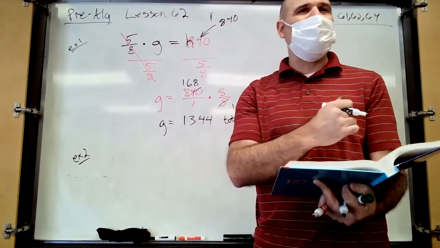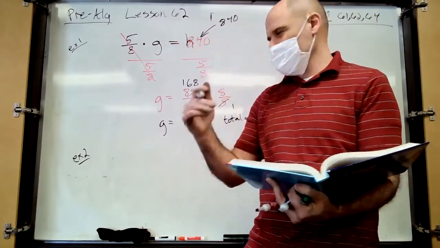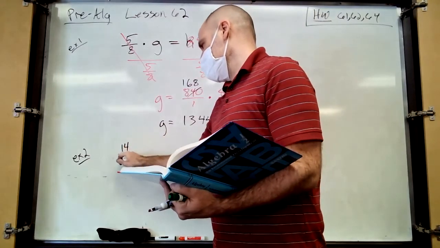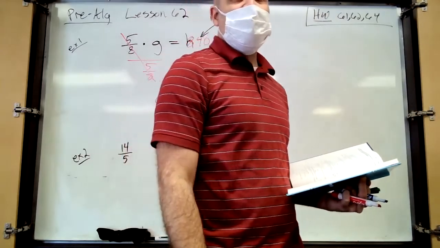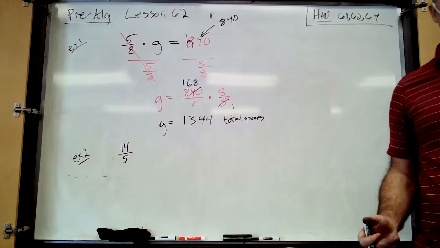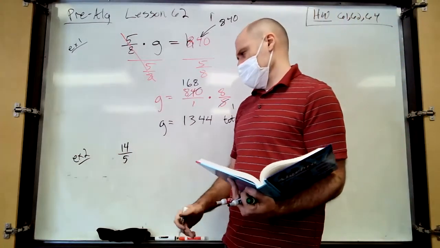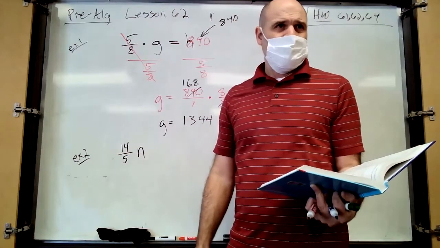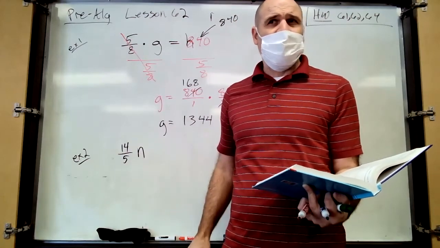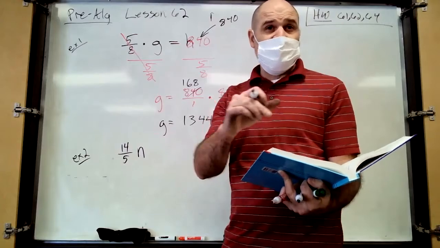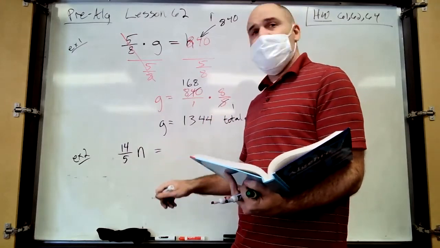How do you say that? 2 and 4 fifths times X. In math, 2 and 4 fifths is translated as 14 fifths because mixed numbers are dumb in math, so change it. Times the acceptable number. So I'm going to say n, that stands for acceptable number. Took refuge, so that's the verb. The verb is usually the equal sign, in the mountains.